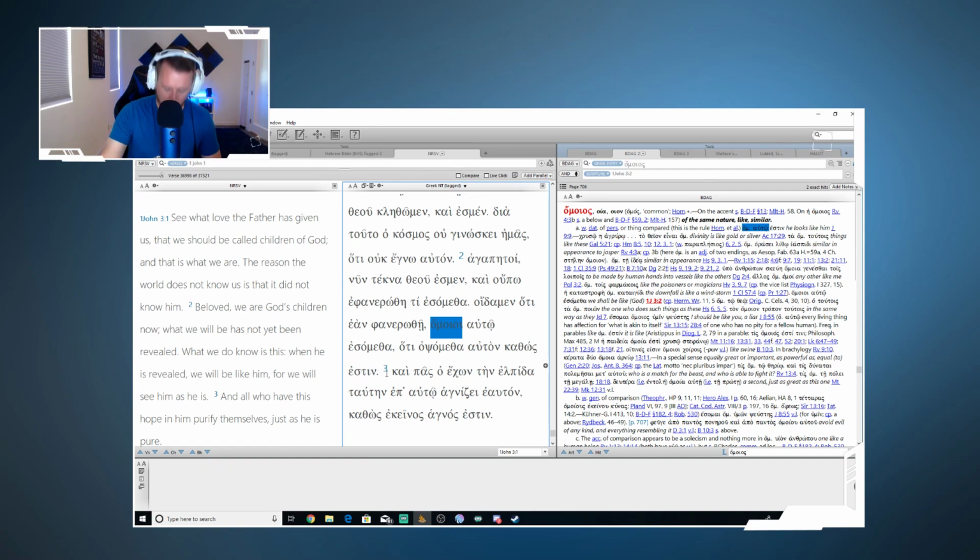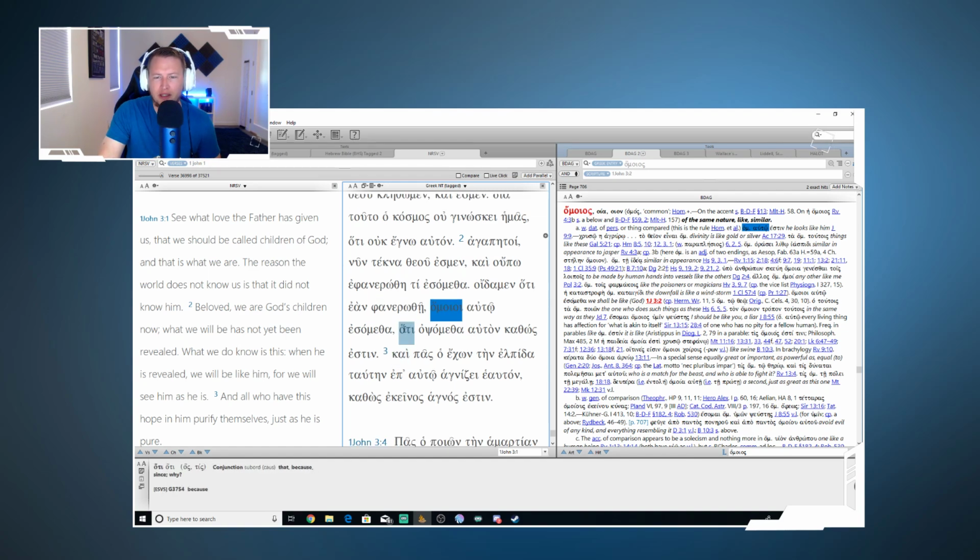Okay. Verse 3. Kai pas ho echon ten elpida tauten ep' auto hagnizei heauton kathos ekeinos hagnos estin. Okay, and everyone who has this hope in him is purified, or purifies themselves. So everyone.